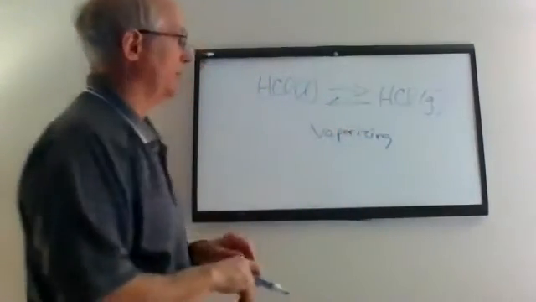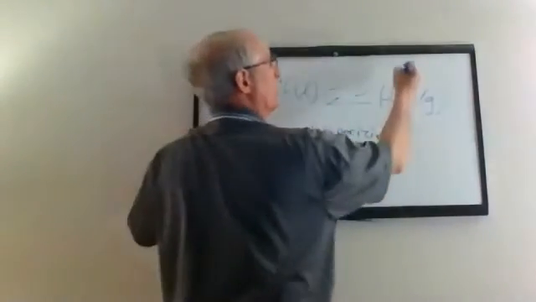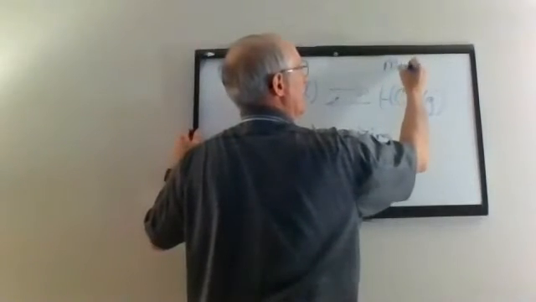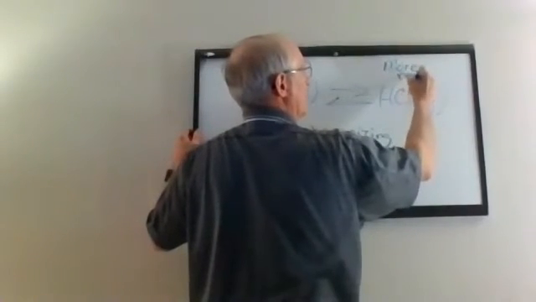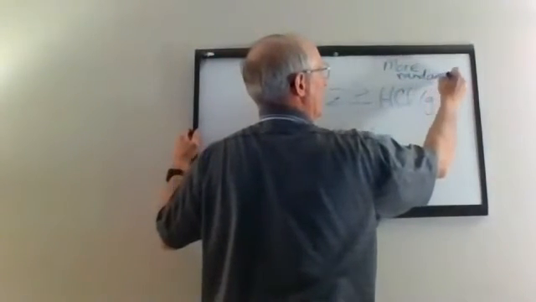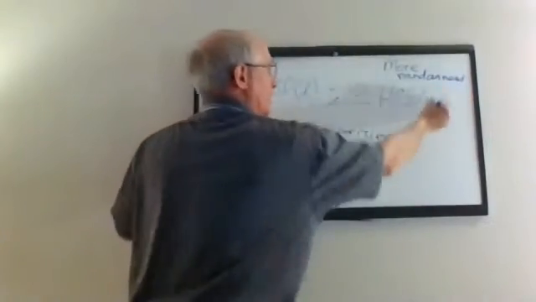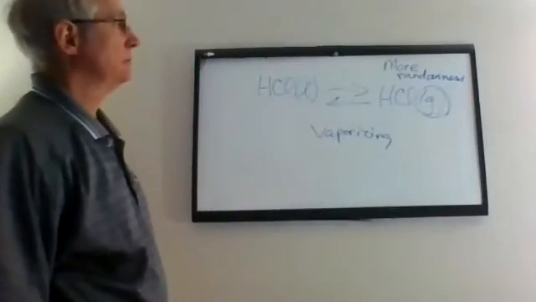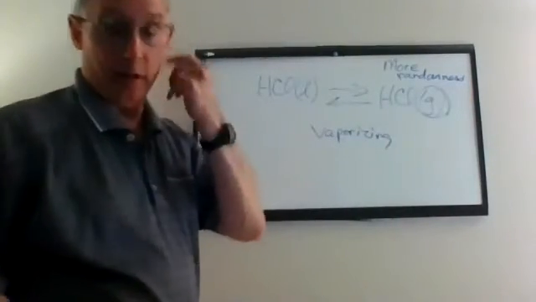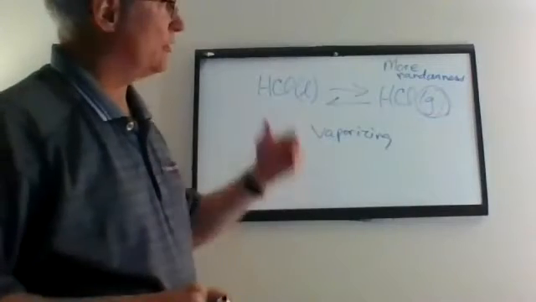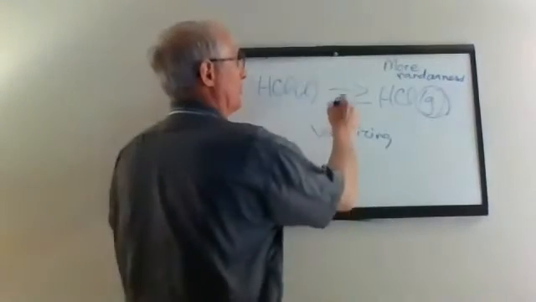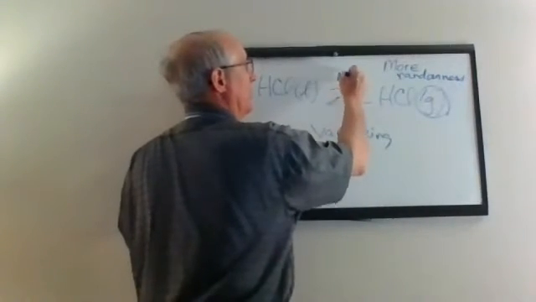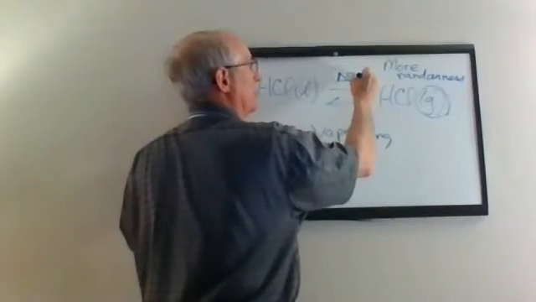It's going from liquid to a gas. It's going toward more randomness since it's becoming a gas. That's called a change of state. And if it goes toward more randomness towards the right, that makes delta S positive.